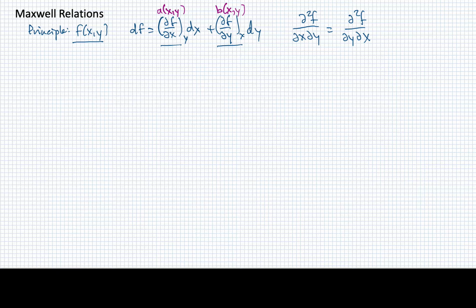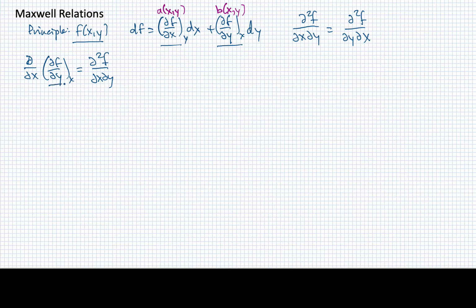So now if I were to take the d/dx of the derivative of f with respect to y at constant x, that is technically going to give me d squared f dx dy.